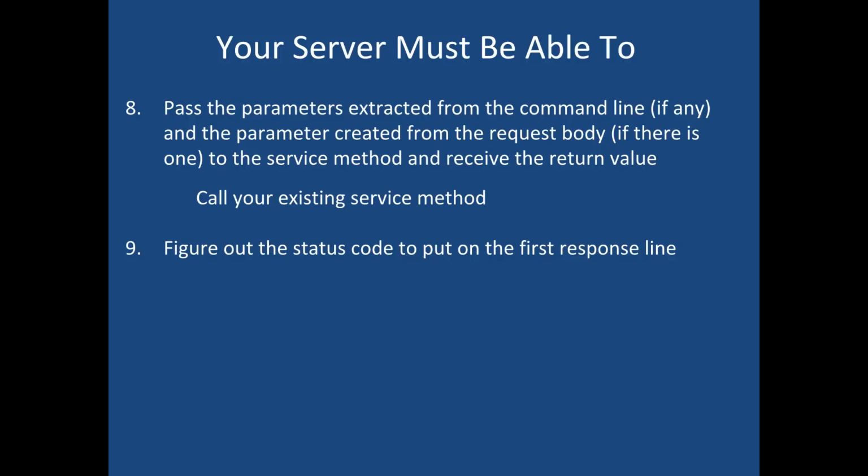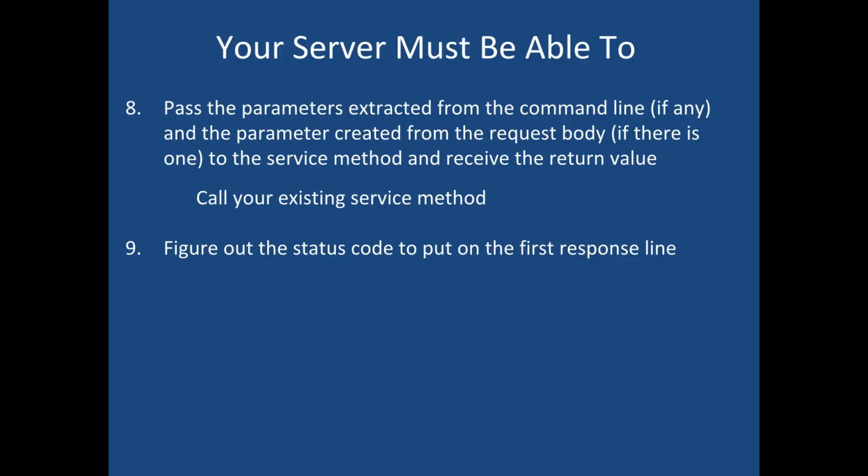Yeah. Each method has a thing inside of it designed to throw a certain exception. Okay. So your service methods are designed so that if they return normally, you want to send either a 200 or a 204. 204 if the method is void, no content, 200 otherwise, which is okay.